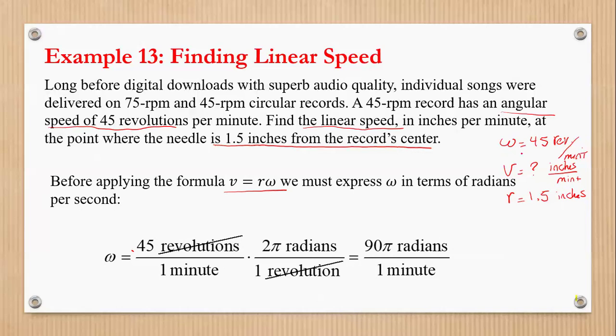Right now, the angular speed is based on revolutions. I want to change the revolutions to radians first. Instead of revolutions per minute, I need radians per minute. And how can we do that? We multiply by 2 pi.